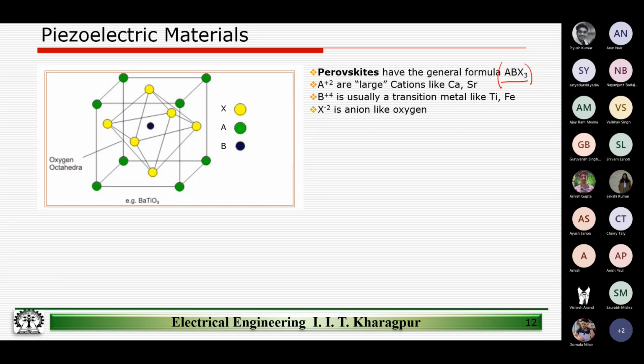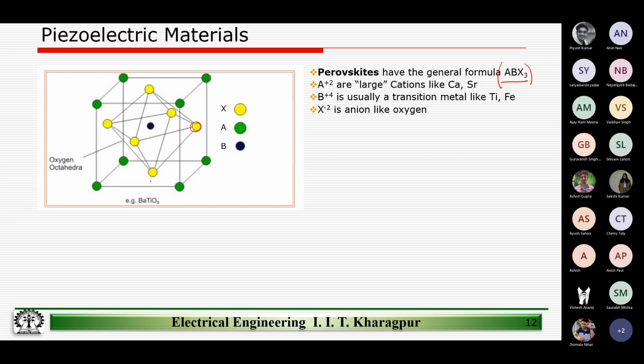And the reason why we are talking of a perovskite is, of course, in the context of a sensor or a transducer, right? So if you look at this structure, this is a cubic structure, and X, the oxygen ions in this case, are located right at the center of each of the 6 faces of the cube, 1, 2, 3, 4, 5, 6, right?